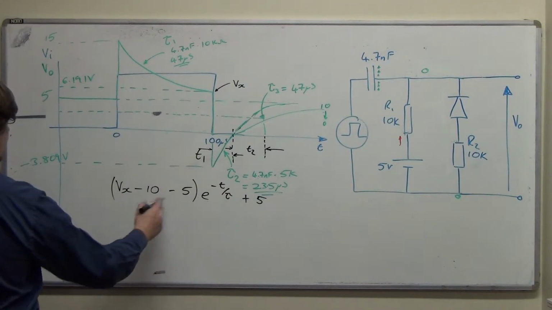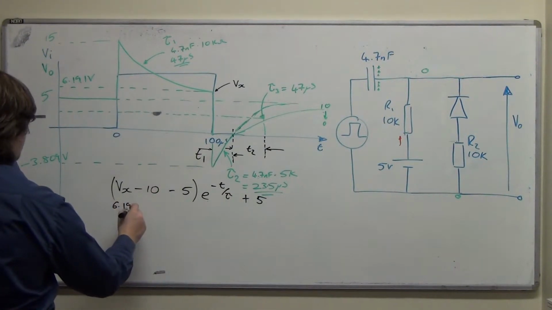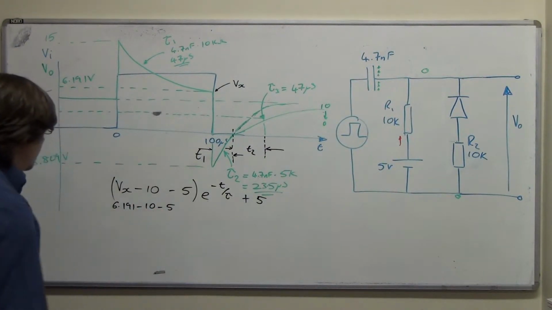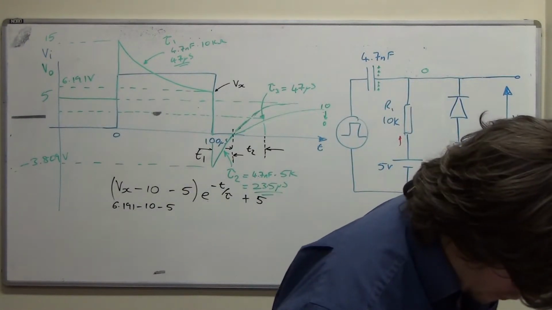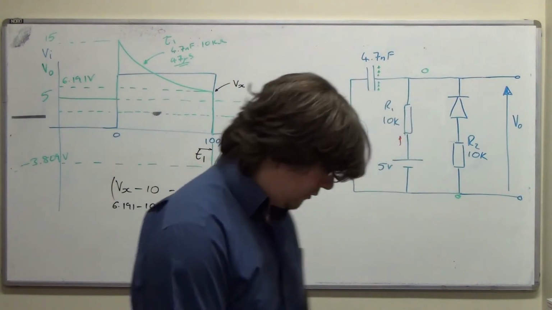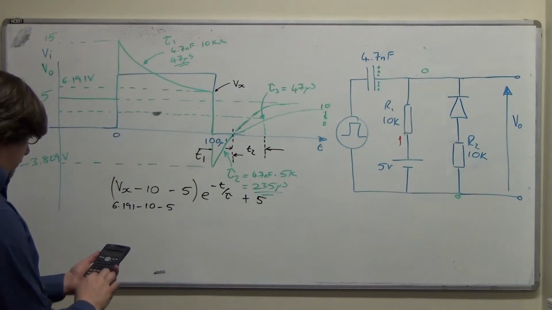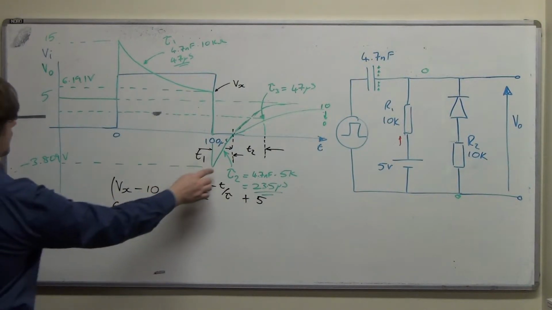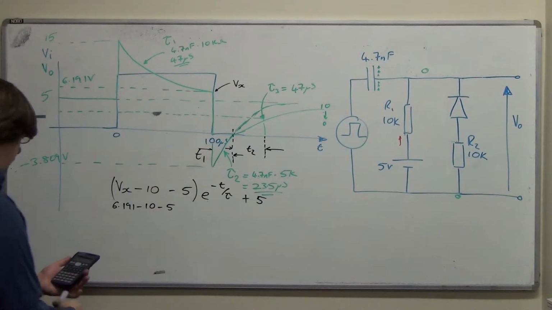So all this stuff: 6.191 minus 10 minus 5, what does that turn out to be? Quick, grab a calculator. 6.191 minus 10 is minus 3.809, so this is our starting point, minus 5, minus 8.809.